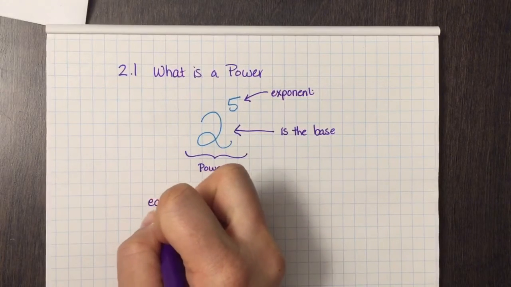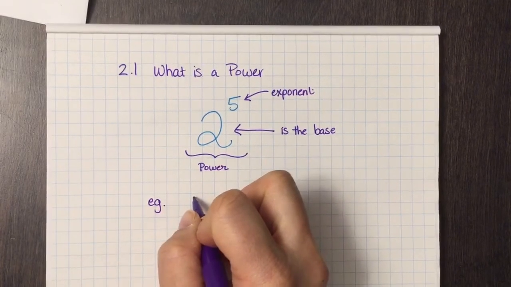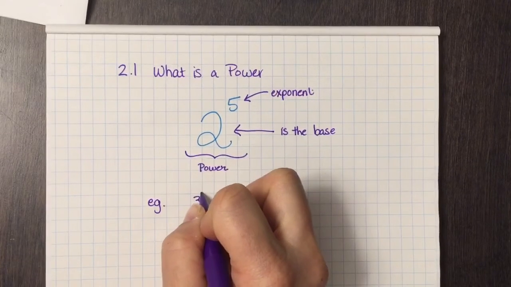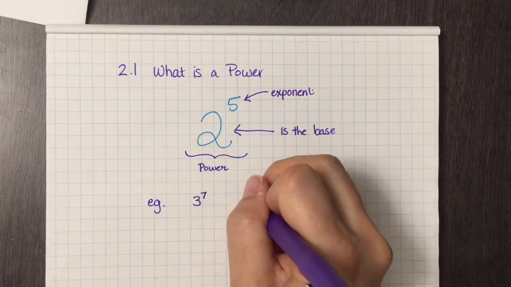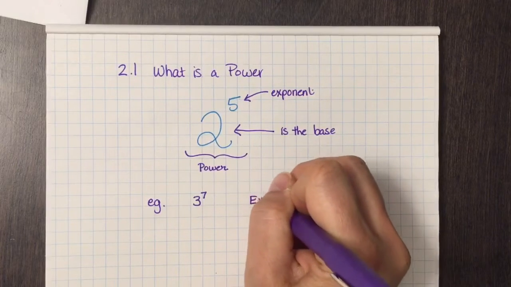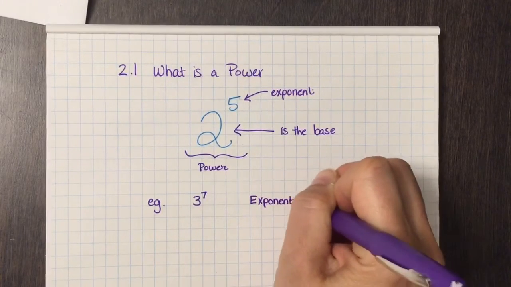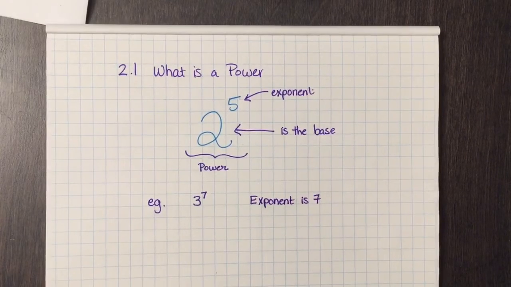Example, the power 3 to the 7th. What is the exponent? The exponent is 7. And what is the base?